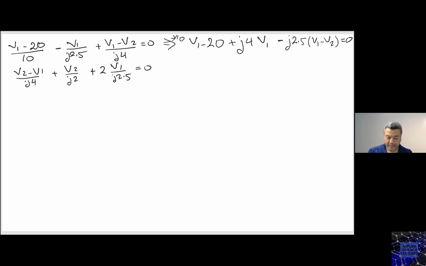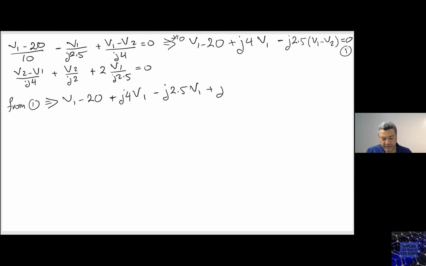Okay. So if this is 1, then we can say v1 minus 20 plus j4 v1 minus j2.5 v1 plus j2.5 v2 equals 0.